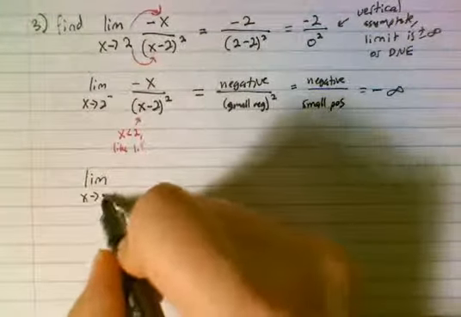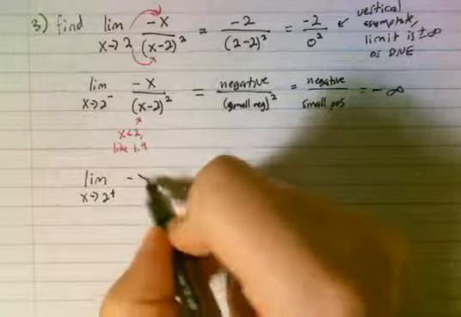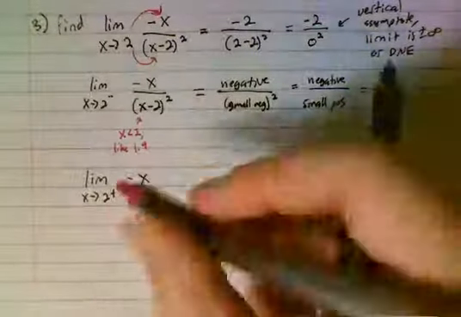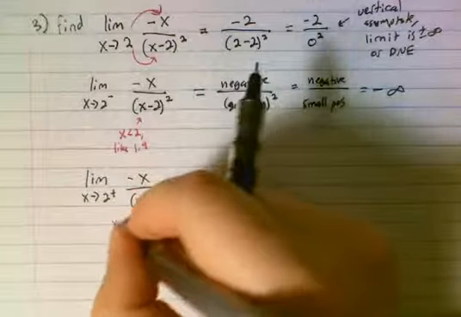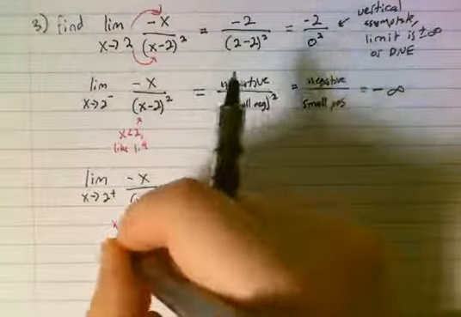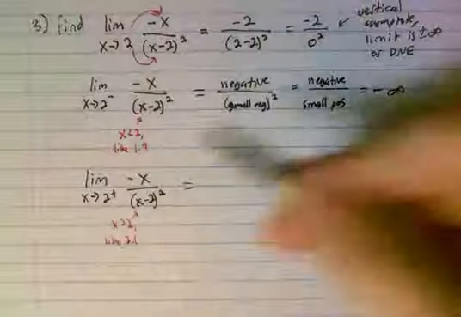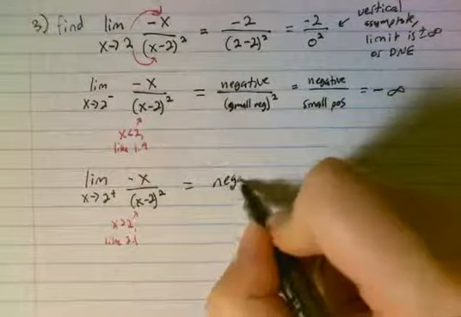Let's look at the same thing from the right so we can find the overall limit. We're coming from the right, so that means x is slightly more than 2, like let's say 2.1. So negative 2.1 would still be negative.